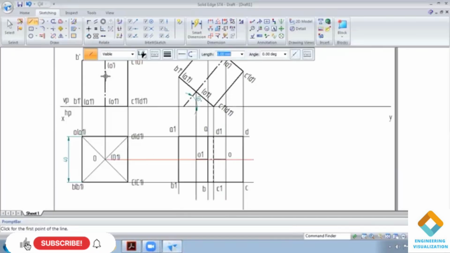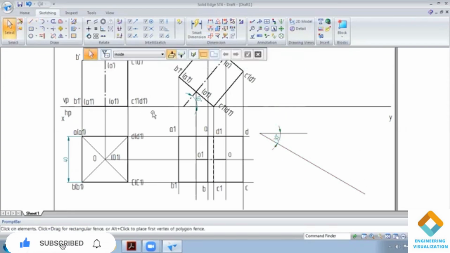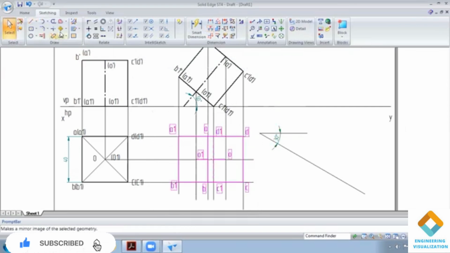Now, the angle of inclination to VP is 30 degrees. So, draw a line and here we will give angle minus 30. Now we have to select this whole thing with respect to resting edge D1.